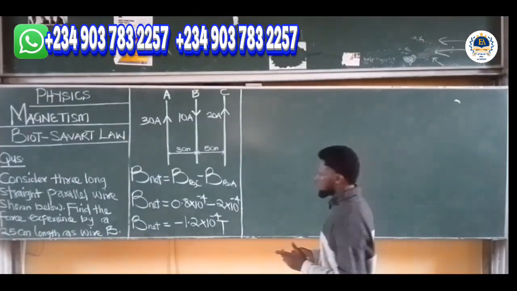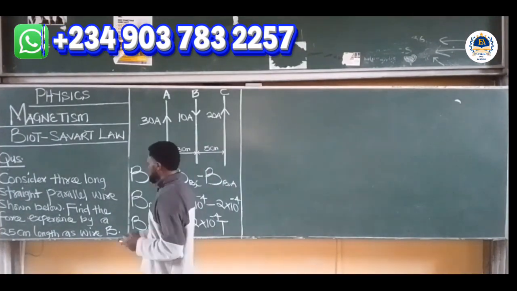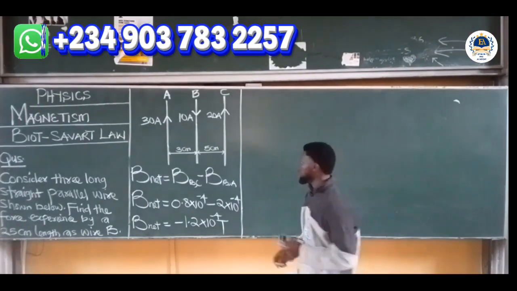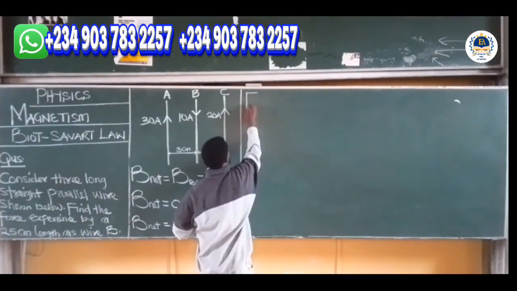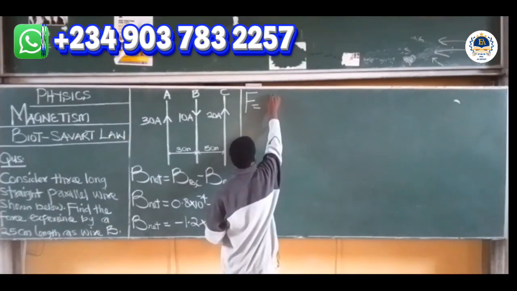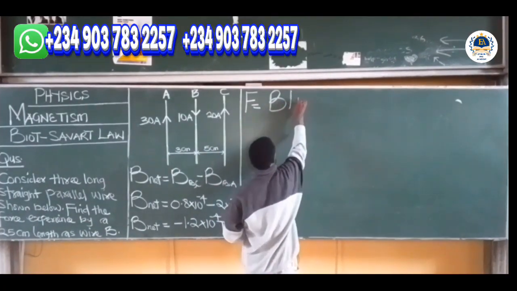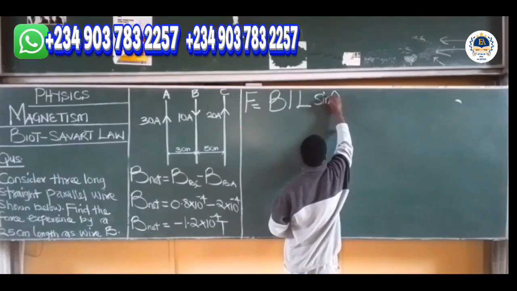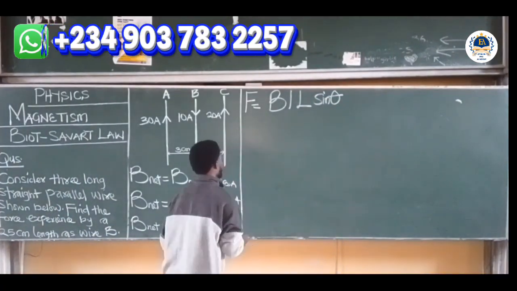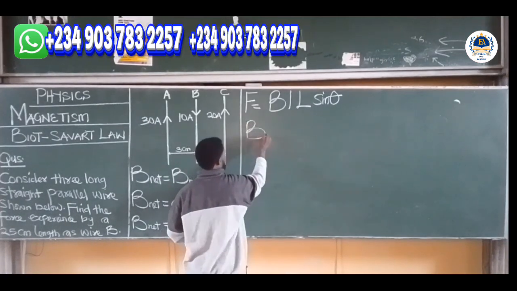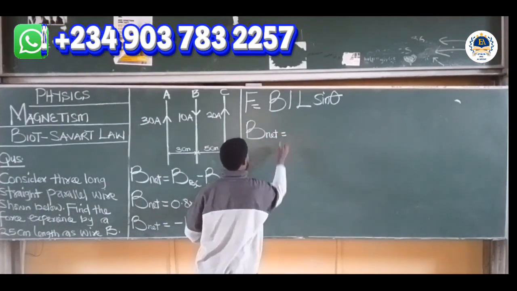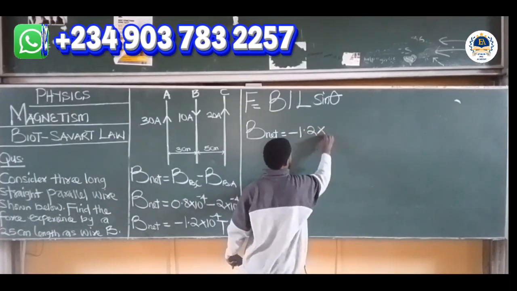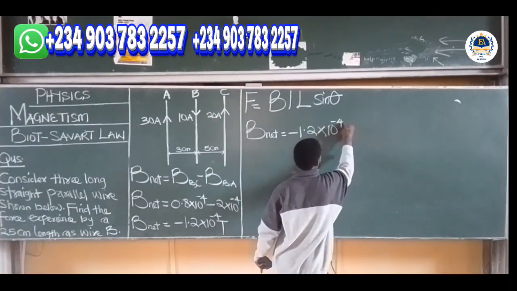From the question on the board, find the force experienced by a 25 centimeters length of wire B. So the force F is given as B I L sine theta, and B net is equal to minus 1.2 times 10 raised to the power of minus 4 Tesla.